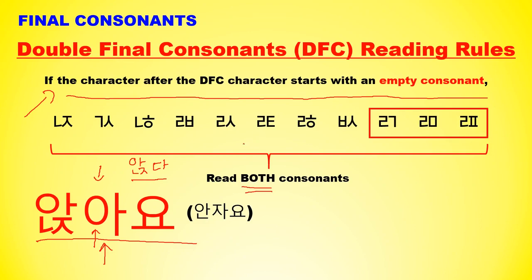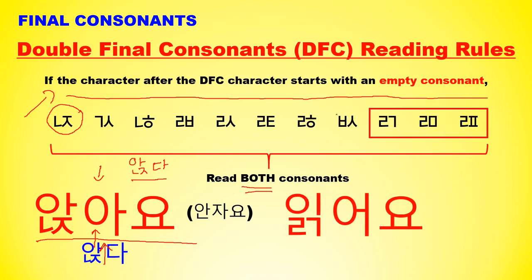It doesn't matter whether it belongs to this group over here or if it belongs to this combination of double final consonant over here, just like in this example. I've chosen these two examples because they are words from the two different groups that we've been talking about. Now I'm going to erase all the markings on the screen.